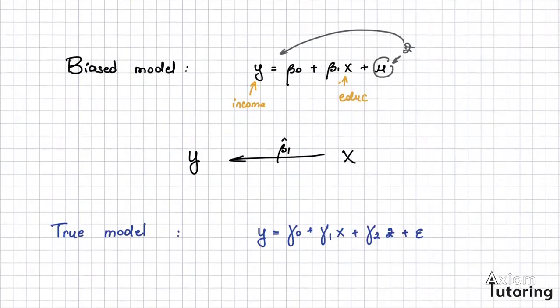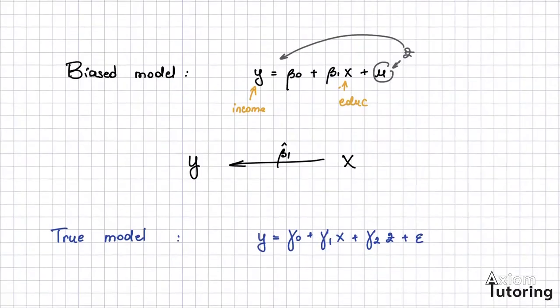I have very specifically used different Greek letters here for the coefficients, just to drive home again the point that what we are going to estimate as the effect of X in the biased model is definitely going to be different from what we estimate here.